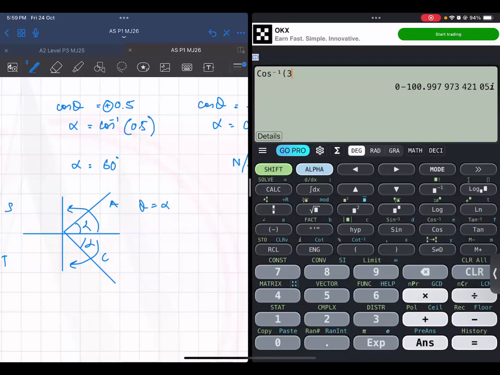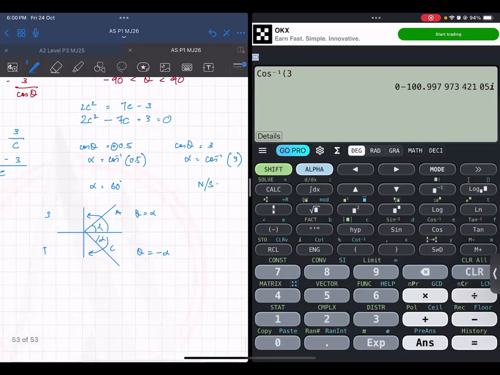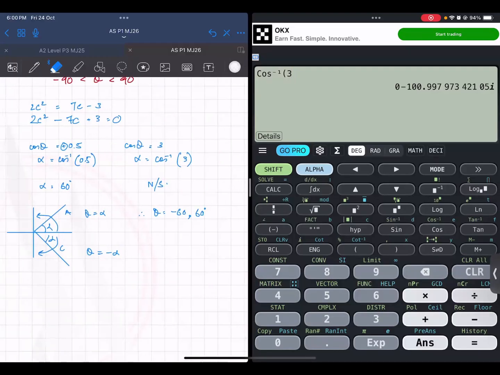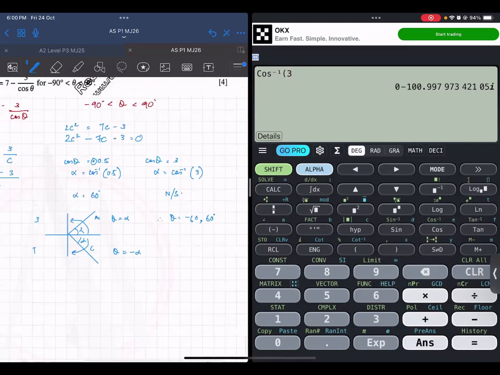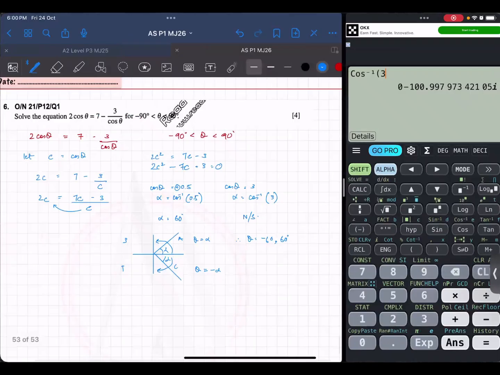And if you move in the negative angles, your theta will be negative alpha because you are moving now clockwise. So this means you have two solutions. Your theta is negative 60 and positive 60 both, because you can also move in the clockwise direction because of the range that they have given you.